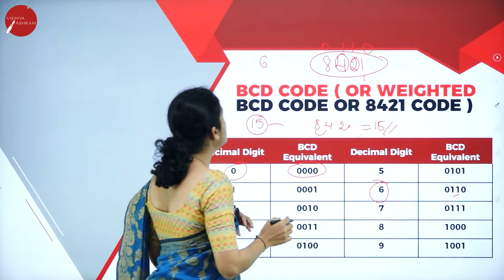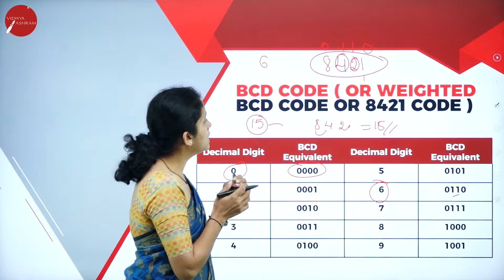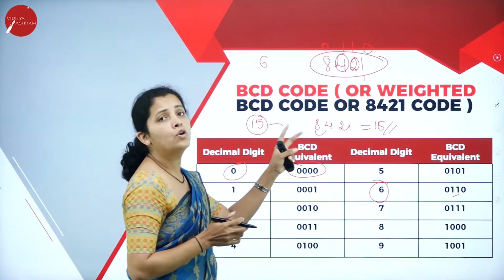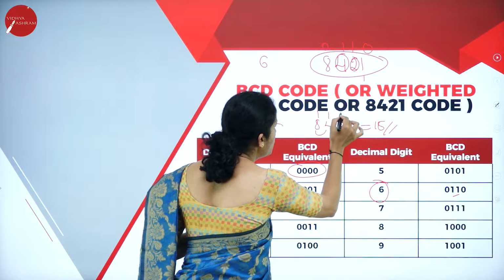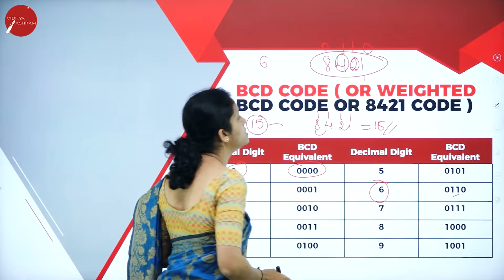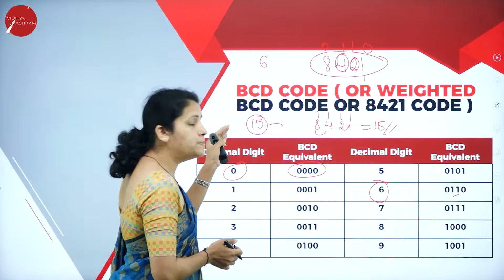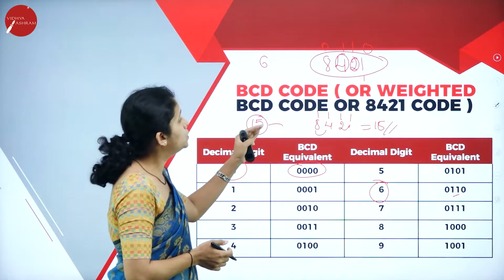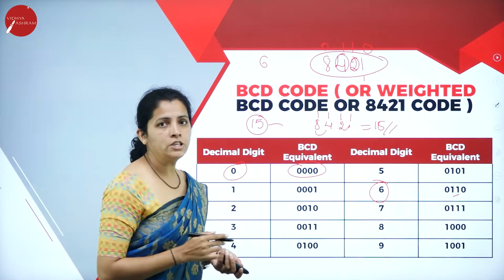To represent 15 in my BCD, I want to consider all 4 positions. So, what I will do? I'll write 1, 1, 1 and 1. This is the way I can represent my decimal number 15 in my BCD representation.